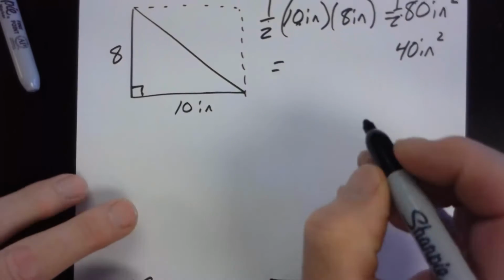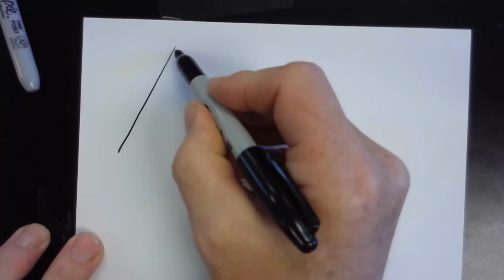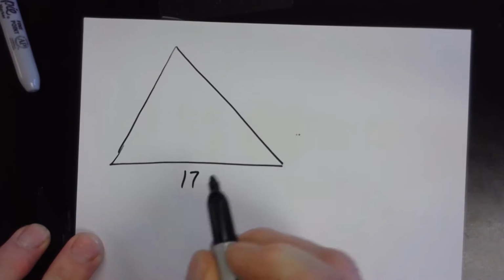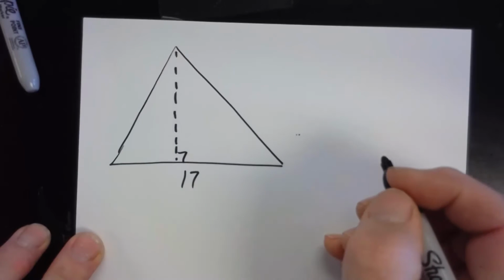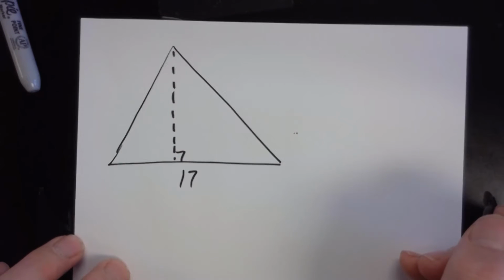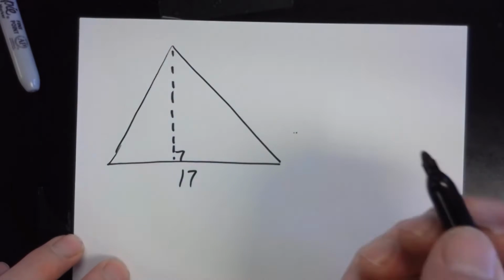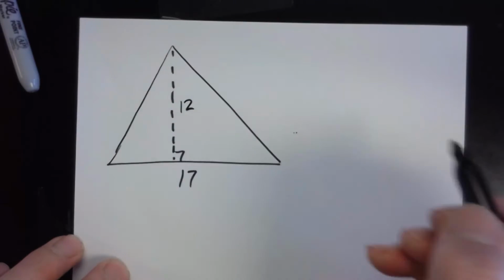Because if you have a triangle, now I'm not going to draw a right triangle this time. This one is an acute triangle. Its base is 17, and its height is, I don't know. Maybe I did a bad thing here, but anyway, what does that look like? 12. Fine. Okay.